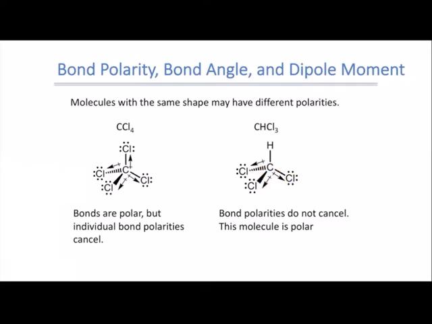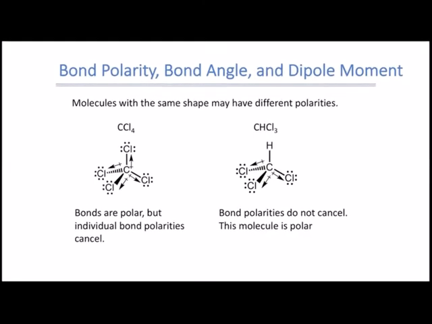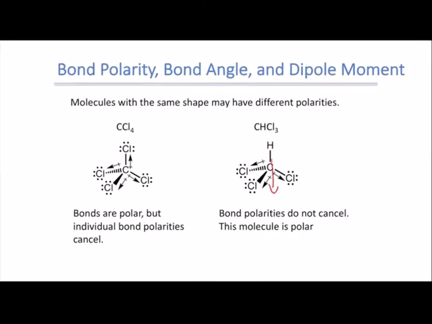It has an overall dipole moment, which points straight down. So that means here we have our nonpolar molecule, and here we have our polar molecule. And the only difference we made was we switched a chlorine for a hydrogen.